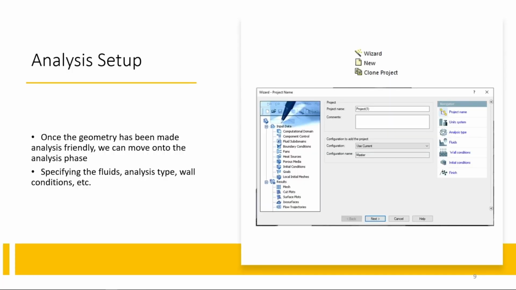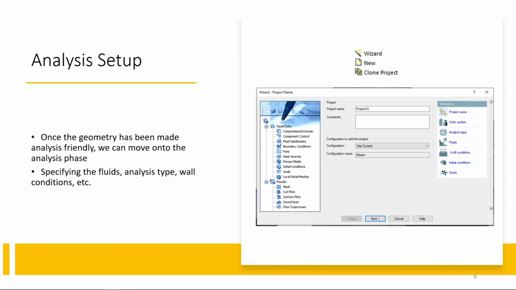So this is what your analysis setup window is going to look like. On the right hand side we have two screenshots. One is a screenshot where you can take a look at the analysis setup wizard, where you have the option to select the unit system, the project name, the analysis type, whether it's internal or external, what kind of fluids you want to include in the analysis, and the wall conditions, if you want to include heat transfer.